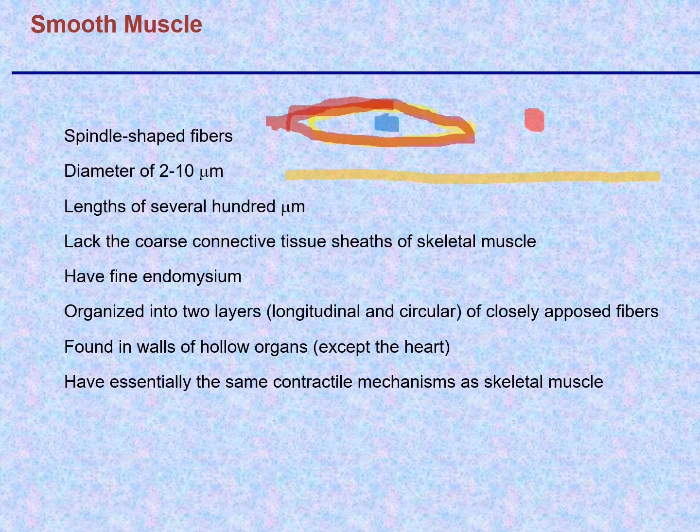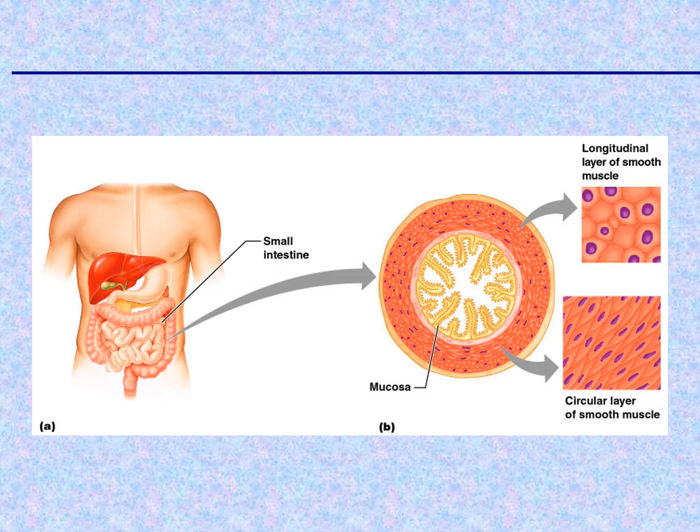So as I said, they're typically found in the walls of hollow organs and tube structures, GI tract, airways, vascular tissue, the uterus, for example. They have essentially the same kind of, at the molecular level, contractile mechanism as skeletal muscle. That is the interaction between myosin thick filaments and actin thin filaments.